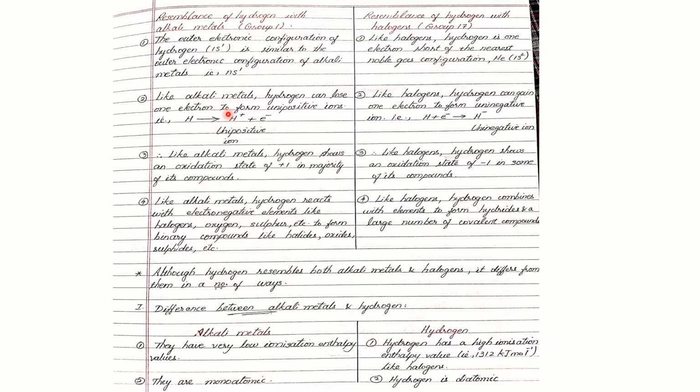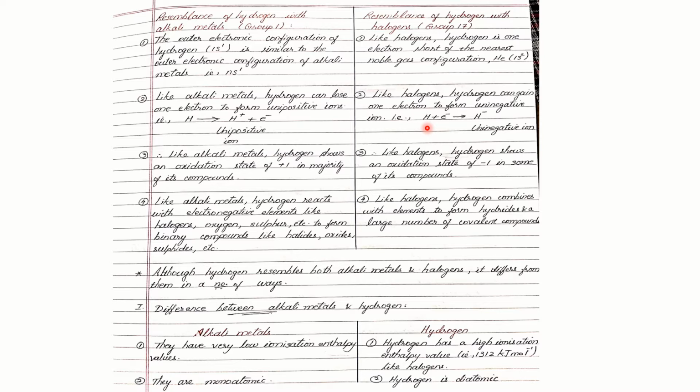Since halogens are one electron short of achieving the electronic configuration of their nearest noble gas, they exhibit greater tendency to gain an electron. Only then they can have the electronic configuration of their nearest noble gas. Like halogens, hydrogen also shows greater tendency to gain an electron and achieve the electronic configuration of helium. Now, when hydrogen gains an electron, it forms a uninegative ion like this.